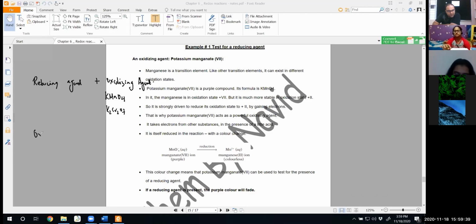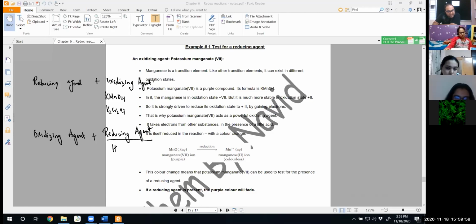And if you want to test for an oxidizing agent, you have to add a reducing agent. So who's the reducing agent? We have studied hydrogen iodide, but in organic chemistry we learned two new reducing agents. What are their names, or what are their formulas?